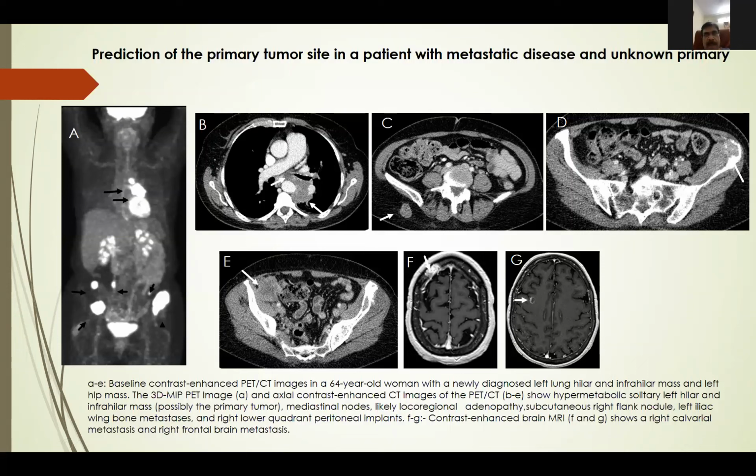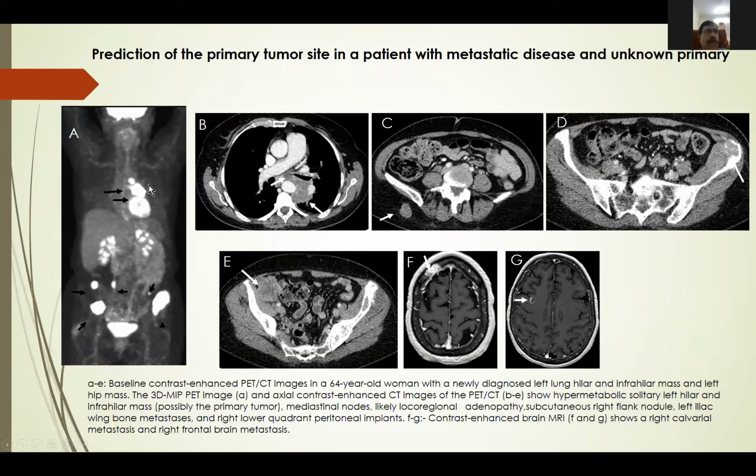Looking at the pattern of the spread, sometimes we may be able to predict where the primary tumor is coming from. So these are baseline PET CT images from a 64-year-old patient with newly diagnosed masses in the left hilum and bone and soft tissue metastasis.